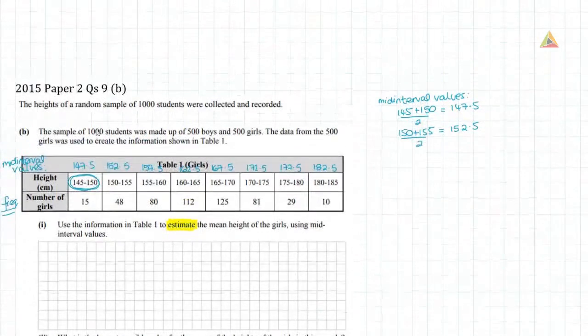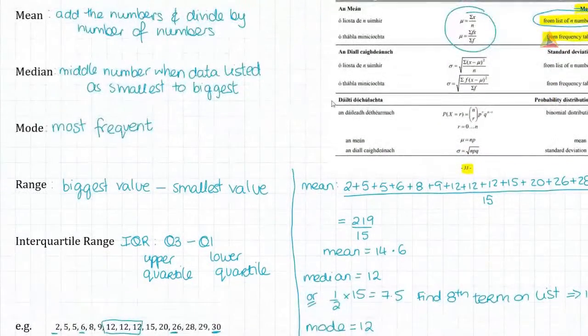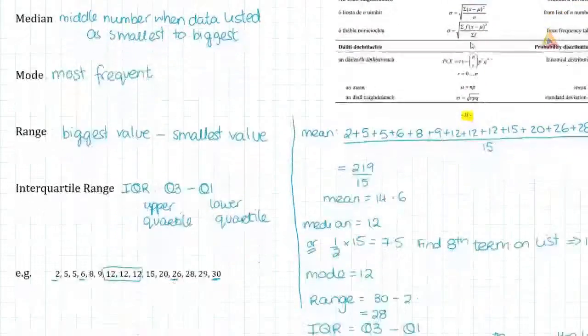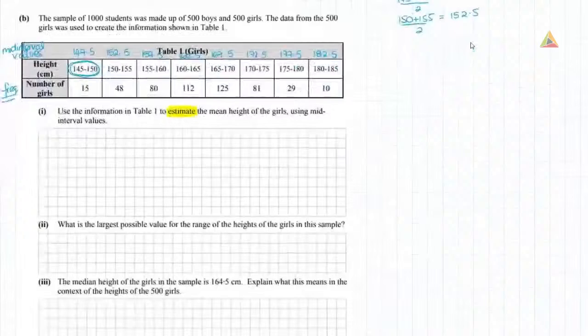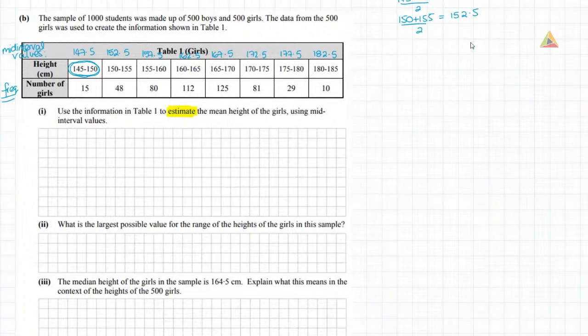Now, we're going to be using the formula from page 33, the second formula, because we have a frequency table, and this says the sum of the frequency times x over the sum of the frequency. So remember that capital sigma symbol means to sum or to add them together. So we're going to be saying the sum of the frequency times x, because they're touching, over the sum of the frequencies.